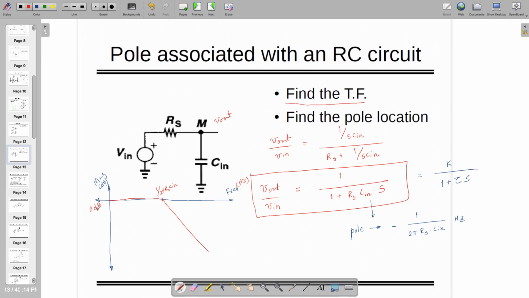Notably, this has only one pole, so if you draw the phase, this goes with minus 20 dB per decade. For the case of phase, it is going from 0 degree at very low frequency, minus 45 degree at pole location, minus 90 as it's going to infinity, right? So this is what we have studied also, and we applied here as a circuit.